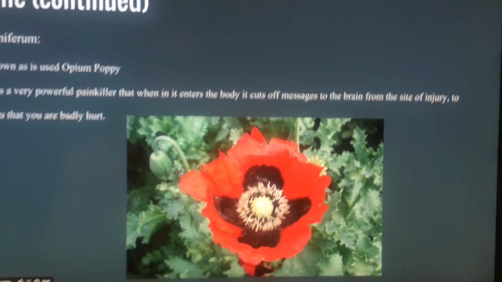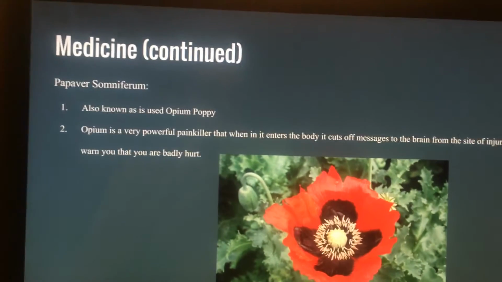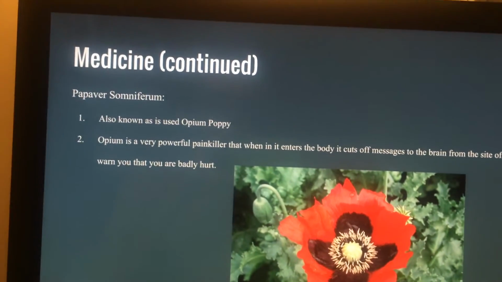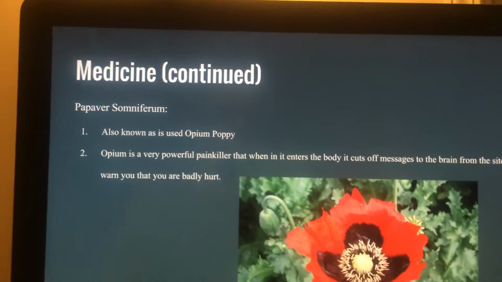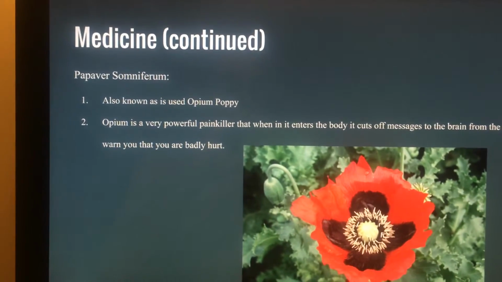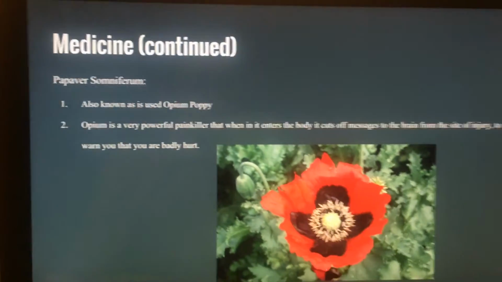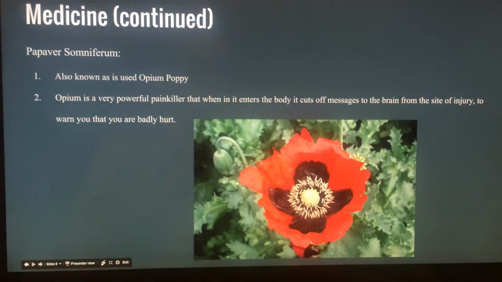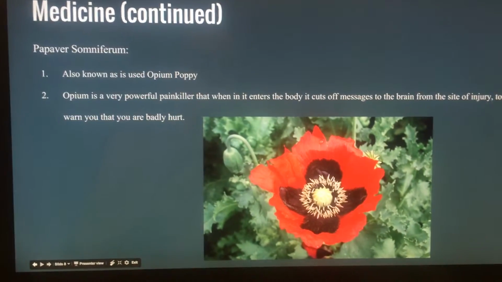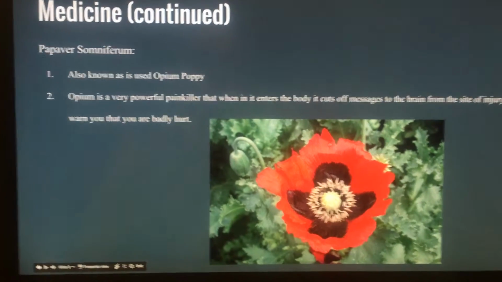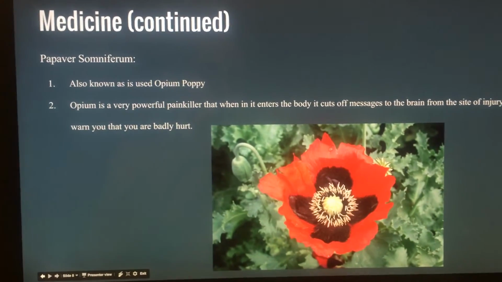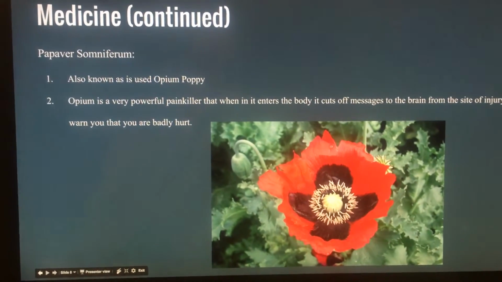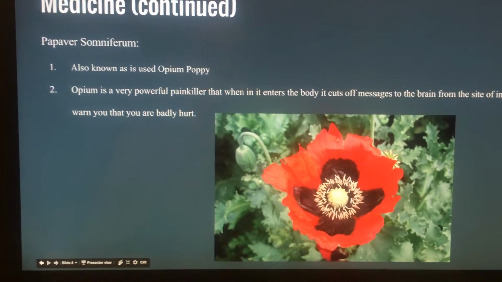Alright, the next is the opium poppy, with its original name Papaver somniferum. Sorry if I butchered that. But opium, as we know, could be used as a drug, but we're not going to write that right now. Opium is actually a very powerful painkiller.